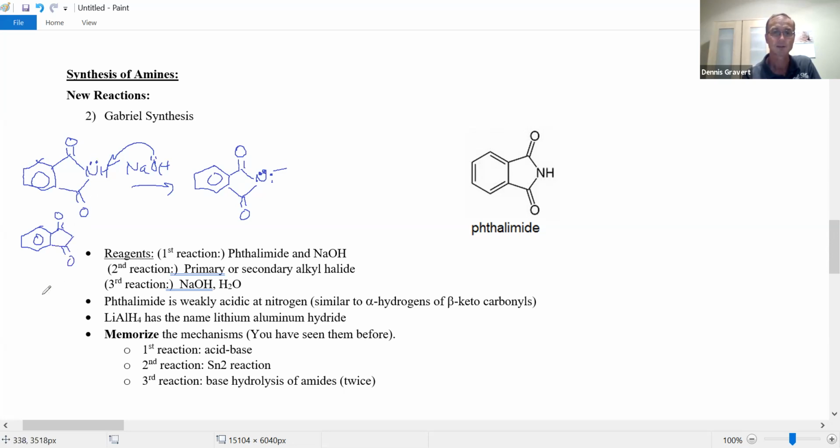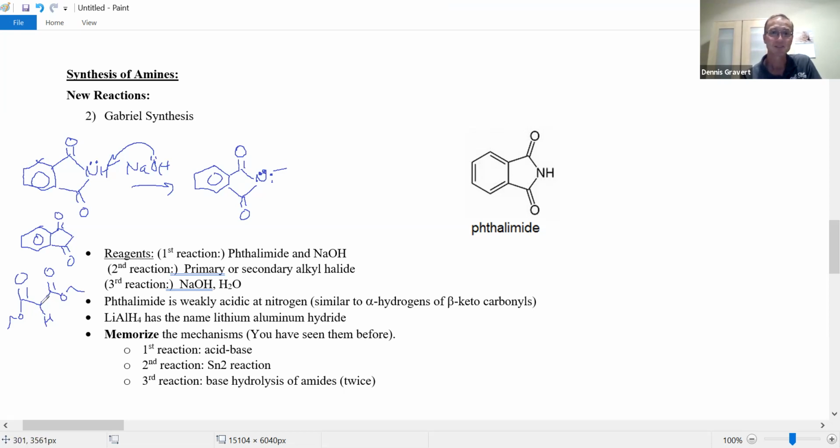Look at this a little while, and then you realize it's one of these beta keto carbonyl groups. It looks very much like a malonic ester or an acetoacetic ester. It's a 1,3-diketo compound, and the alpha hydrogen is acidic in these molecules.